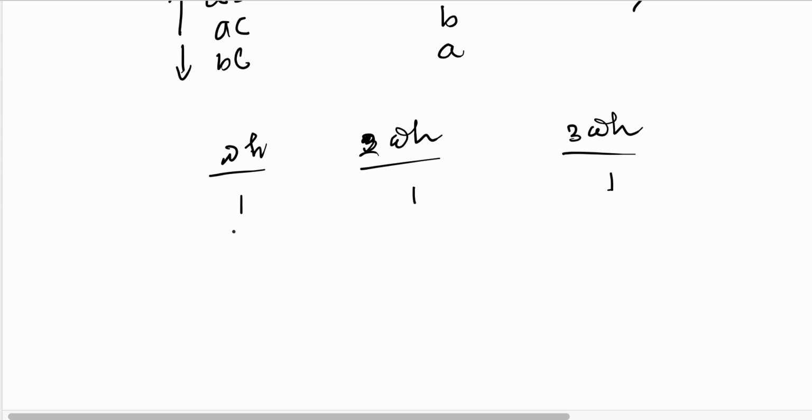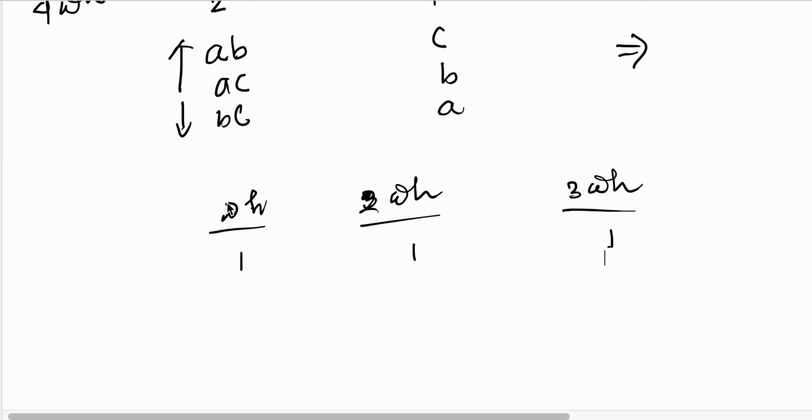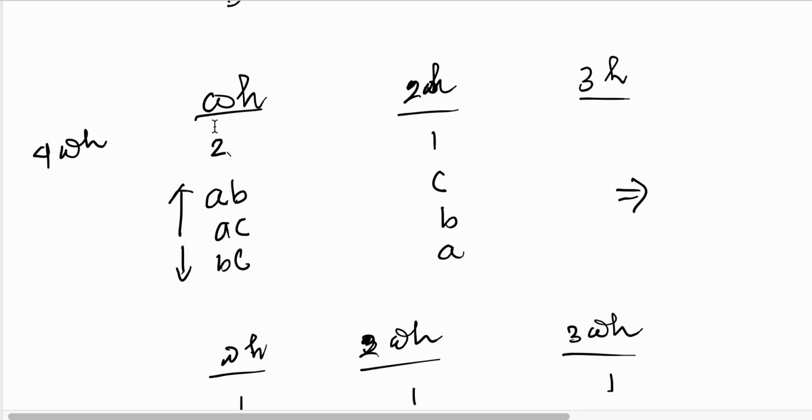That is the maximum disorder state. In what sense? If there are that many possible ways to get 6 omega h, I cannot tell which individual is on which stair. In the 4 omega h case, by looking at only the 2 omega h, you can say which individual is there. Suppose individual C is there, that tells you that A and B should be there. So the information is there.